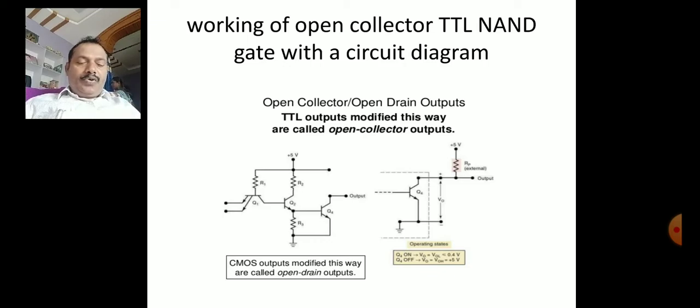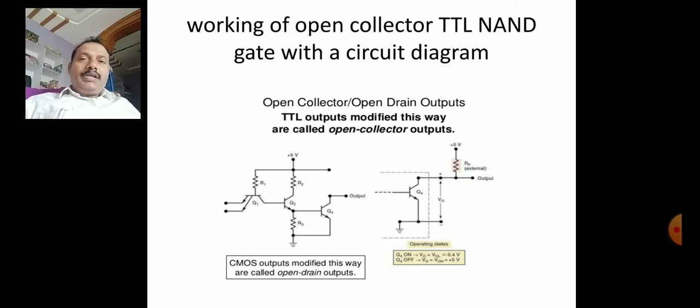This forces the transistor Q2 to the off condition, since its base is at low voltage, 0.3 volts. Thus the output of transistor Q2 is high, that is, at logic 1.